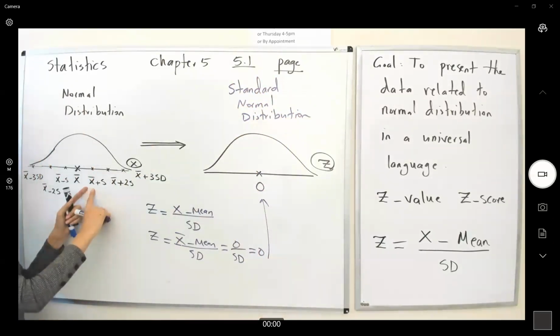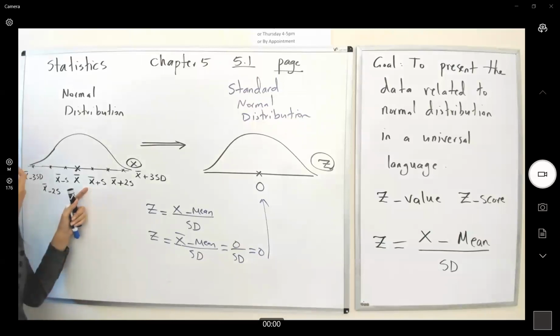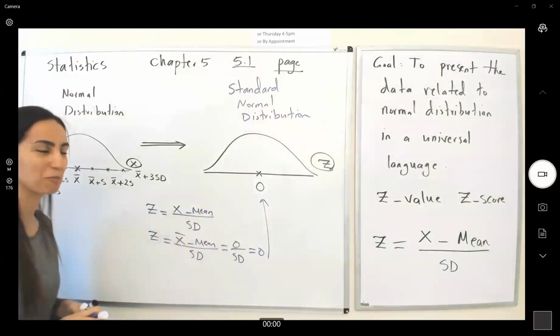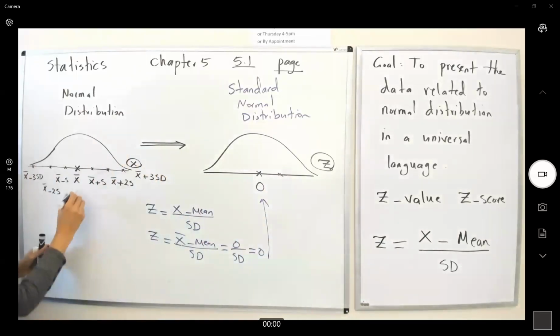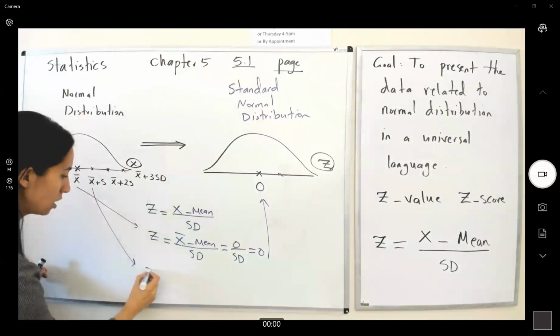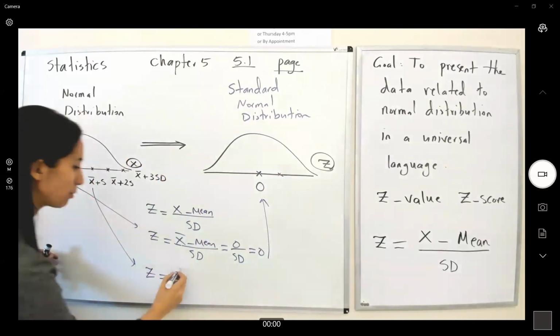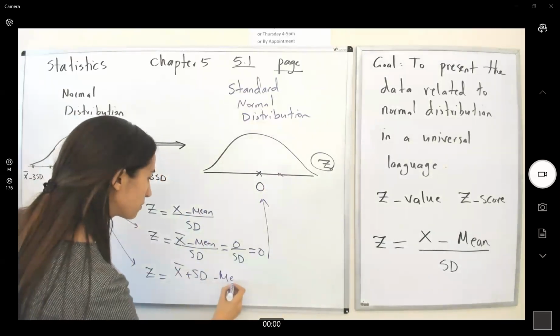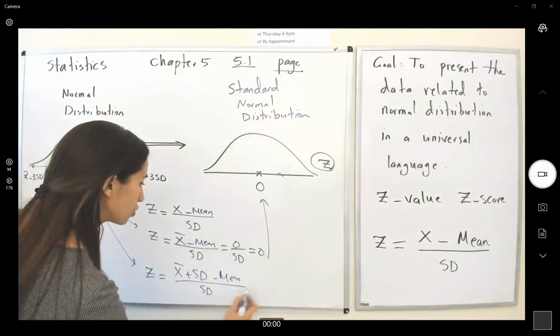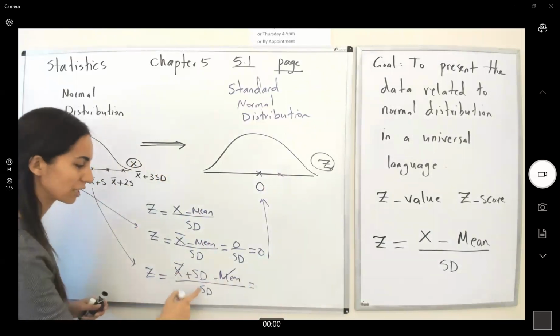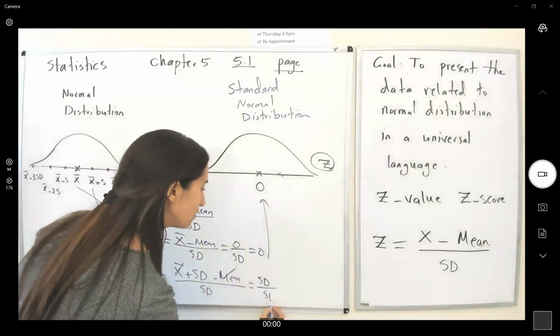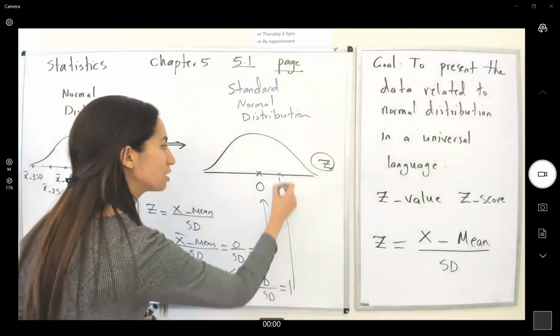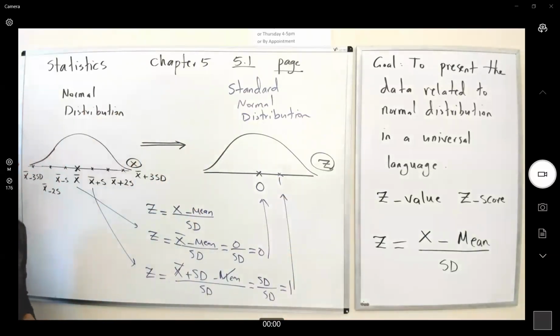Okay, what if I take x bar plus 1 standard deviation? What would be my next number? Let us calculate that. Now I'm going to take x bar plus 1 standard deviation. What is my z? Z is x, which is x bar plus standard deviation minus mean divided by standard deviation. Mean minus mean is 0. You get standard deviation over standard deviation, which is equal to 1. So this number here is 1. What if I take x bar plus 2 standard deviations?